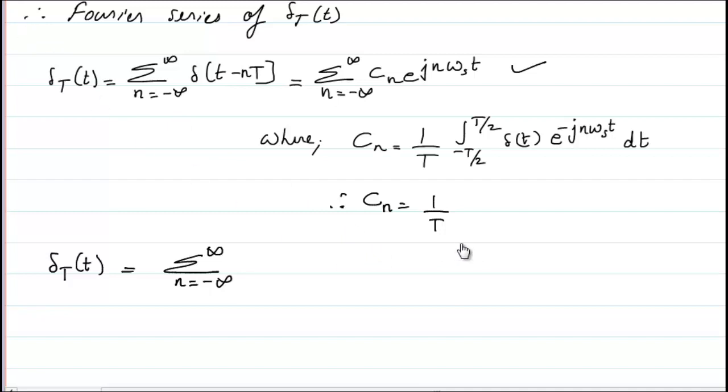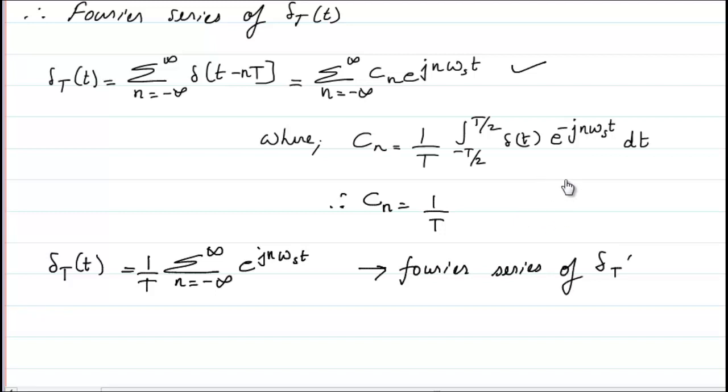It's the same value, a constant, so I can take 1 by T outside, and the remaining portion e raised to power j n omega_s t is what remains within the summation. So this is the Fourier series of delta_T(t).